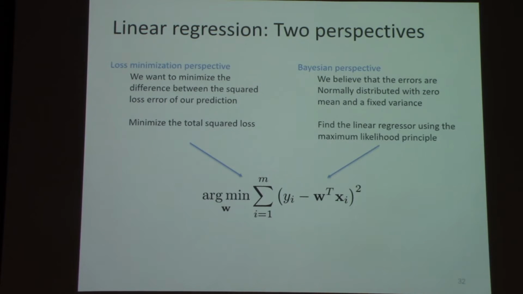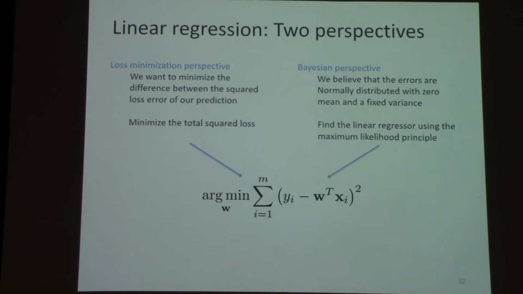And that gave us two interpretations for linear regression. We could have seen that as loss minimization, where we say, I don't know how the data is generated. I don't care how the data is generated. I'm just going to assume that my hypothesis class is linear, and try to find one that minimizes the squared error on the training set. That gives you least mean squares.